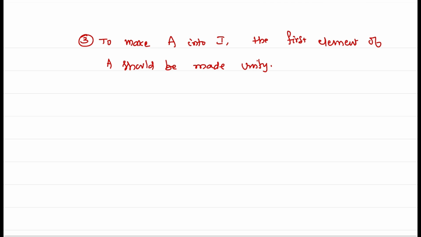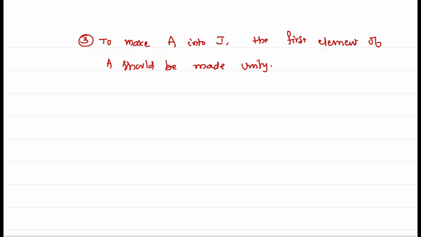Similarly for the others. The first element of the second row should be made 0, then the first element of the third row should be made 0. Then you operate and make it.